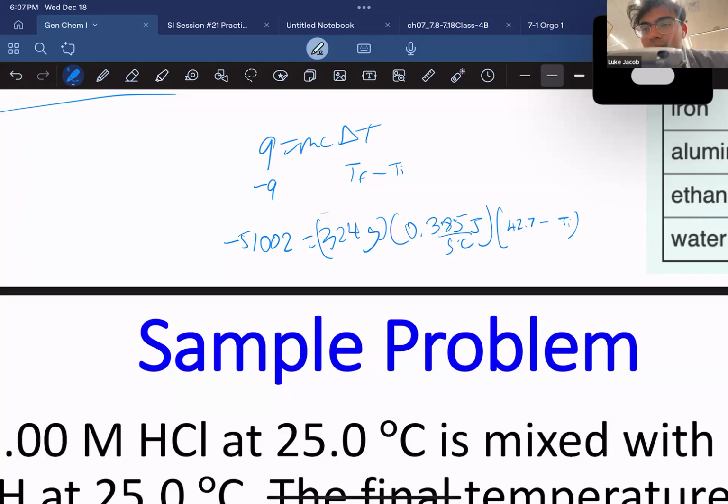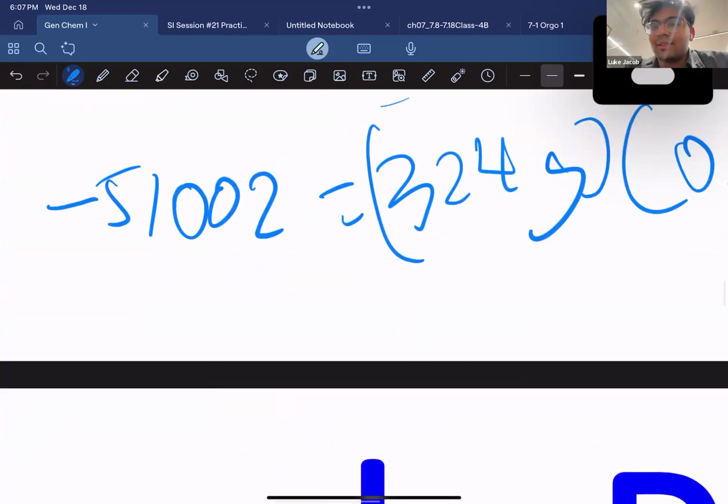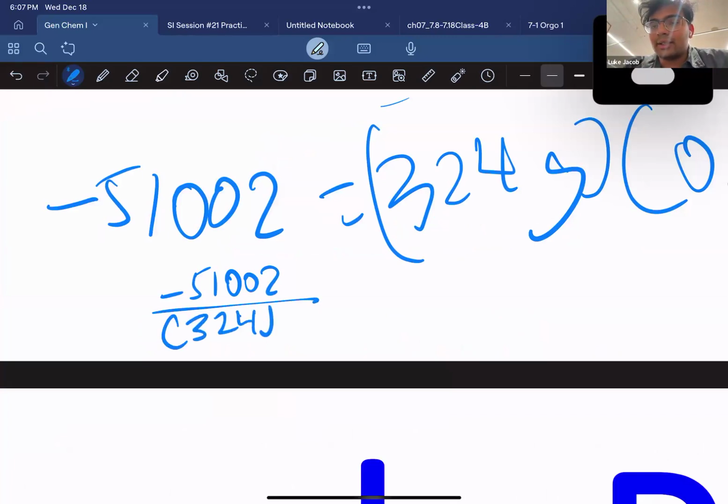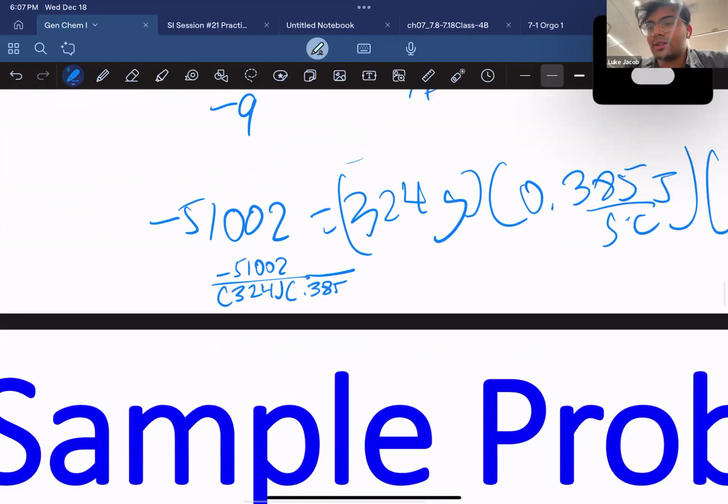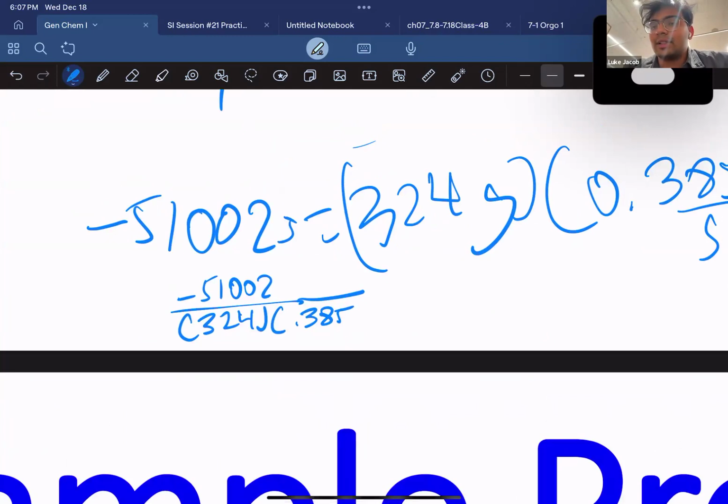So you have to first isolate this, and then you have to add this to 42.7. Okay, sorry. Negative 51,002, divided by 324, times 0.385, I'm not showing the units, but you guys can know the units, equals TF minus TI.